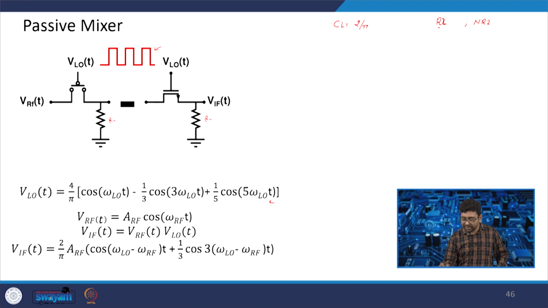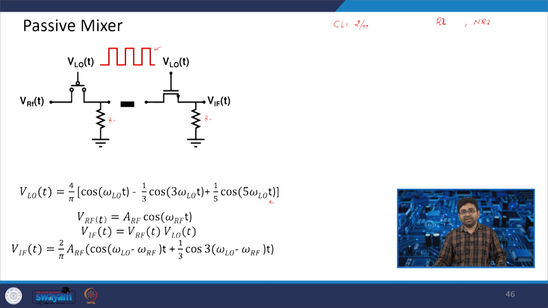What does return to 0 mean? Because here the resistor RL is connected to ground, it is considered return to 0. Now, instead of a resistor, if we use a capacitor here, then it is non return to 0, because the capacitor holds a certain voltage for some duration until the switch turns on again.